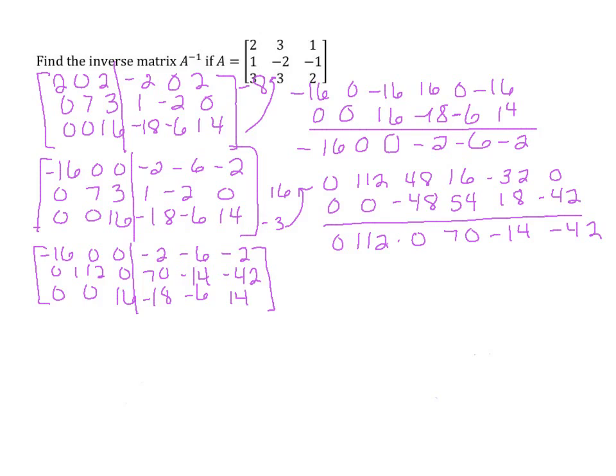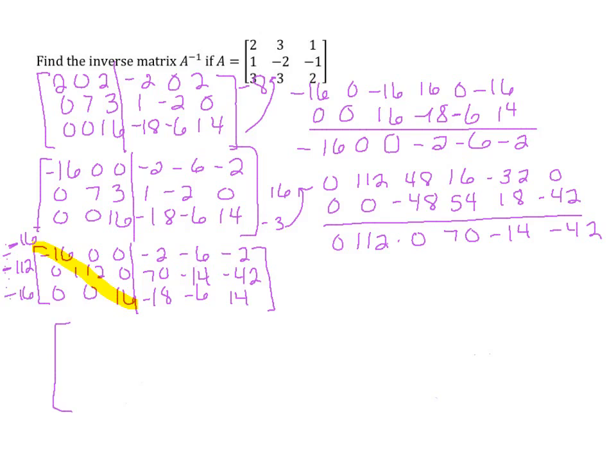So our last step is to get our diagonal here into ones. To do that, I'm going to divide my top row by -16, divide my middle row by 112, and divide my last row by 16.